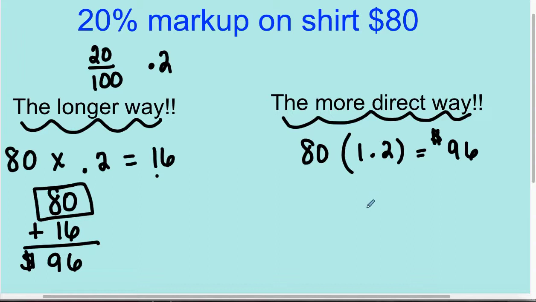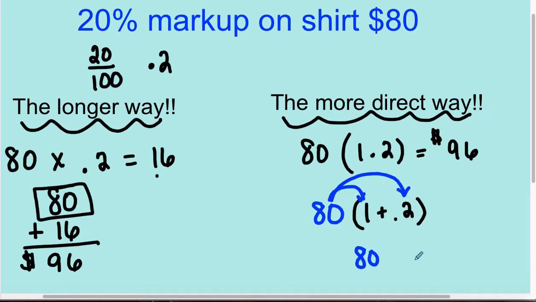Can I write 1.2 as 1 plus 0.2? Well, I hope you're saying yes. Okay, so I'm just splitting it up into its parts. And then if you think about using the distributive property, you're doing 80 times 1, which gives you 80. You're doing 80 times 0.2, which is 16.